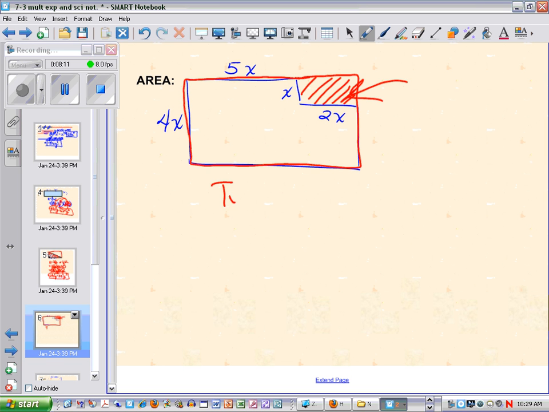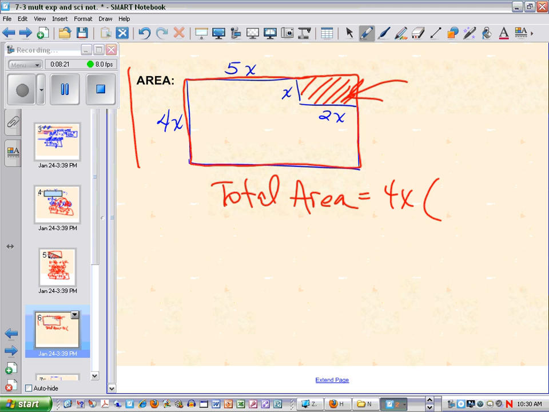So total area, if it were an entire rectangle, it'd be 4x length times width. Our width is 5x plus 2x, so 7x would be all the way. So that would be 28, and then x times x, x squared.